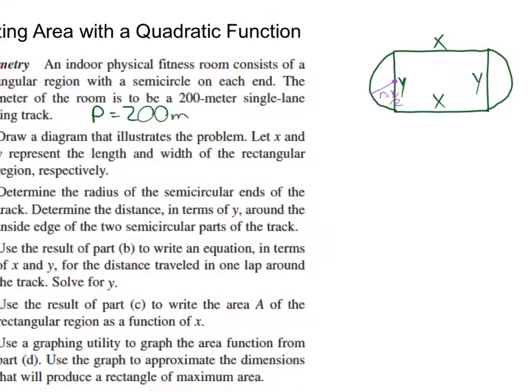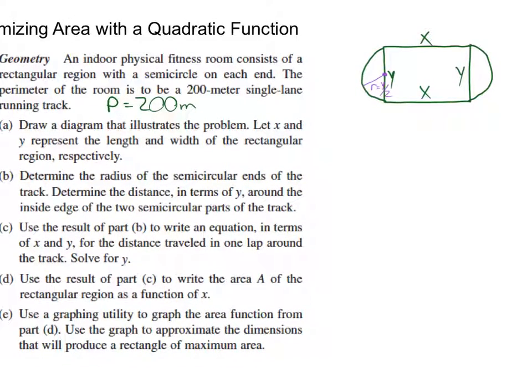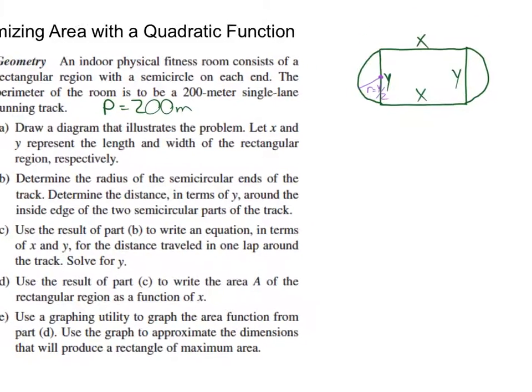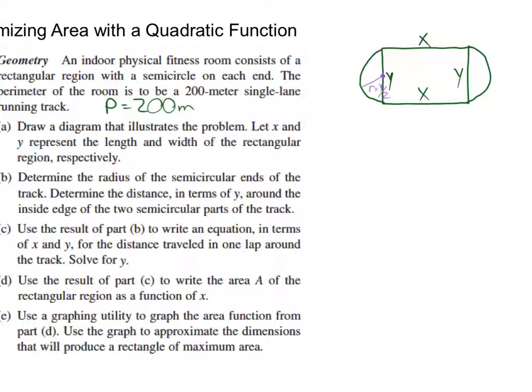Now it says, determine the distance in terms of y around the inside edge of the two semicircular parts of the track. Well, it's asking us for the distance around the two semicircular parts. If I have two semicircular parts, I have a full circumference, right?